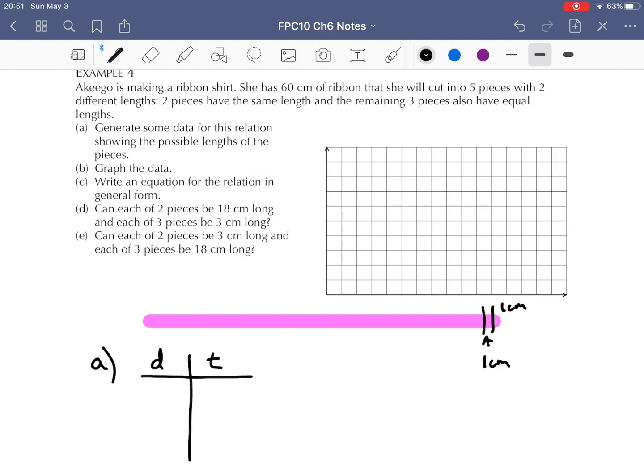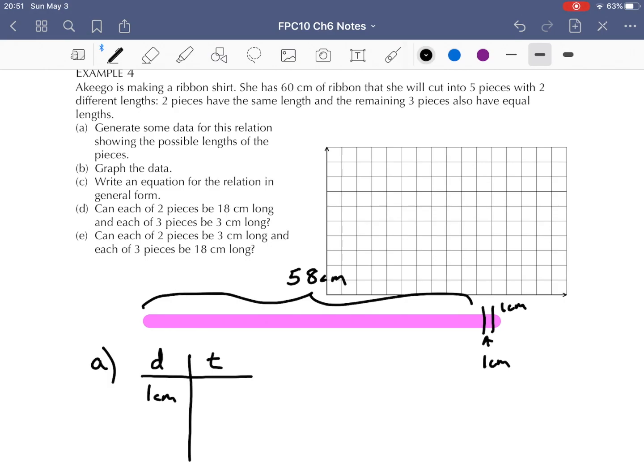So if I cut my 2 pieces 1 centimeter and 1 centimeter, so these guys are 1 centimeter long. Then there will be 58 centimeters left for those 3 pieces.